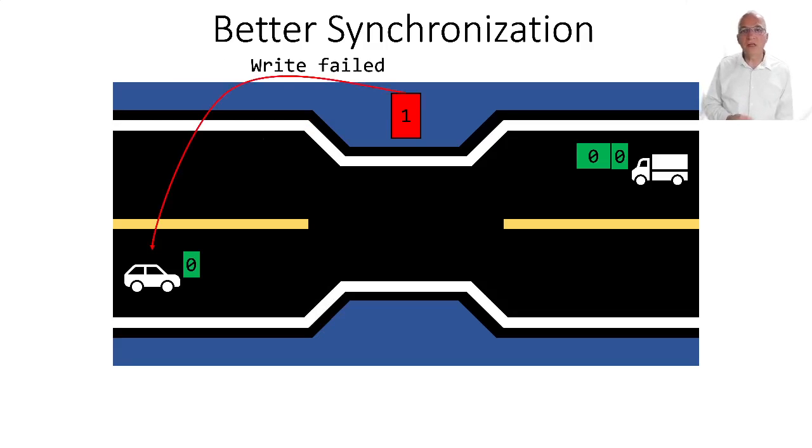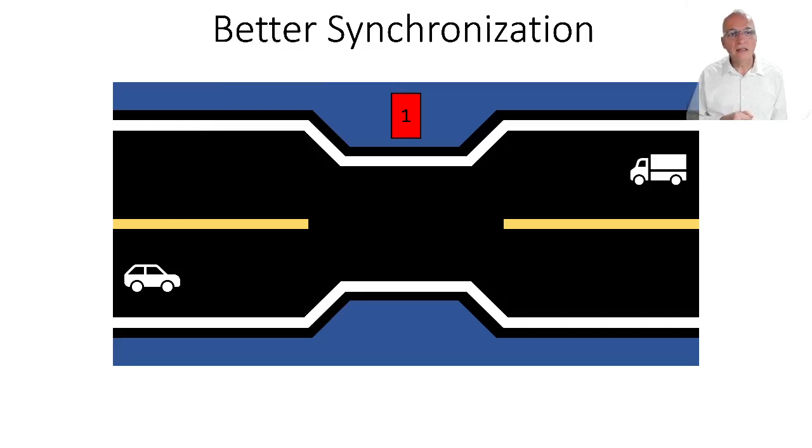But of course, Brandon now gets a message back saying your write has failed, which means that someone else has changed the value of the semaphore before you were able to do your write. So you do not have the right to go into the road. So Brandon gets a message that the road is not empty. And then Larissa can go and cross through the road without any collision.